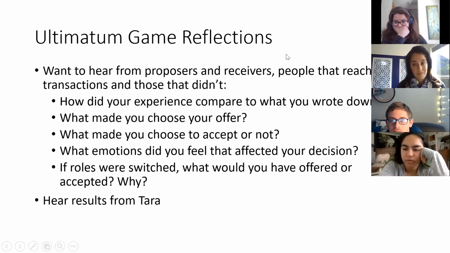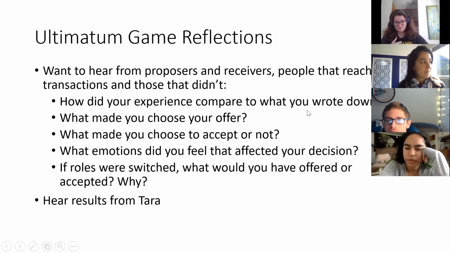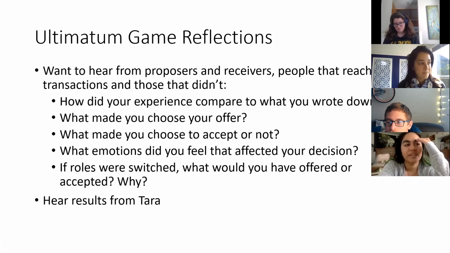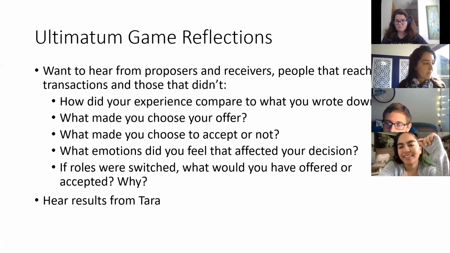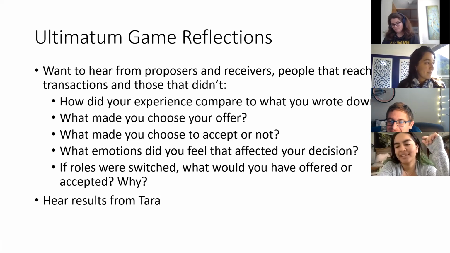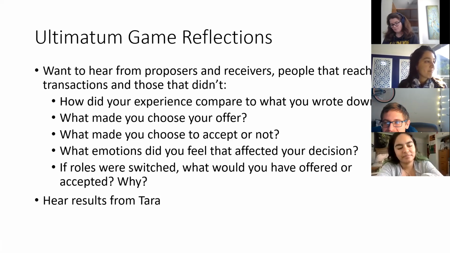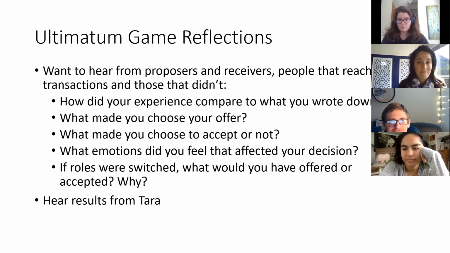I was a proposer and I offered 4 because I just figured I would take a slight upper hand, but not an unfair upper hand. What specifically made you not want to push farther than a 4?